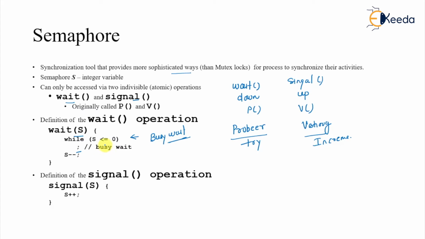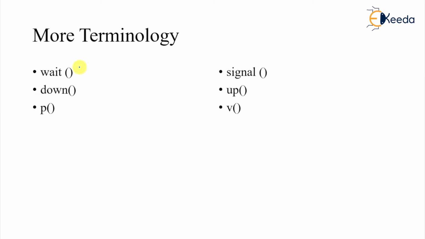So if the value is less than or equal to 0, do a busy wait, otherwise decrement it. The signal operation just says S plus plus. So I have written wait, down and P, and signal, up and V.